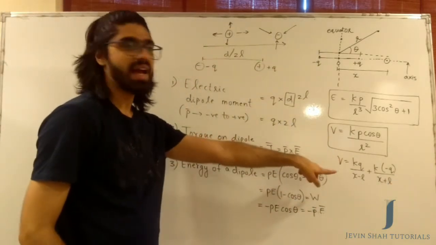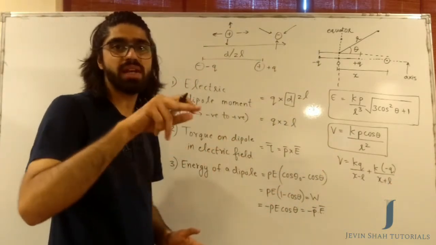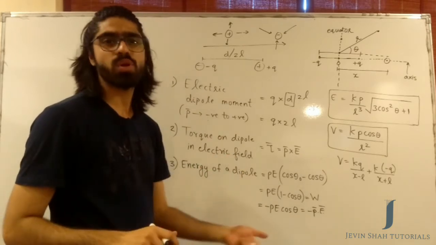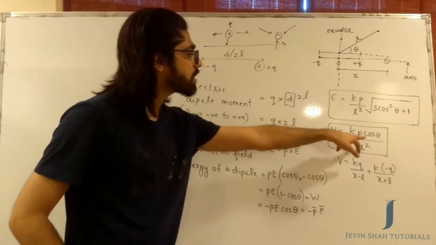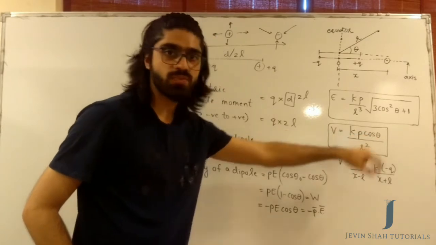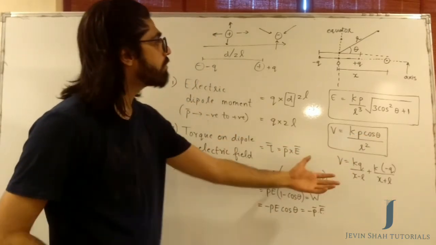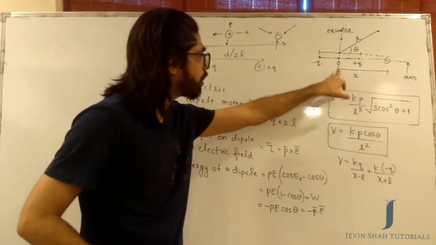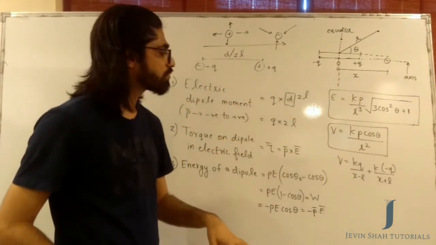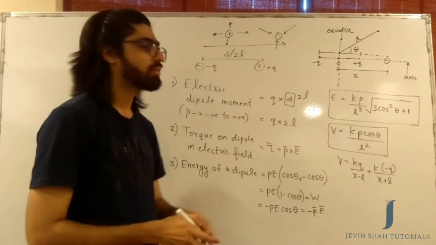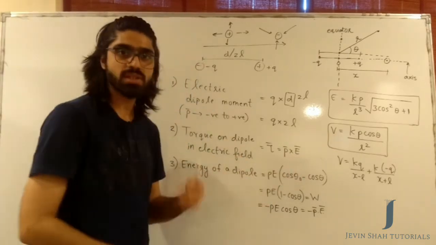Just simplify this and you will get some expression where you can write x square minus l square approximately as x square, and if you just apply theta as 0 in this formula, you will see that the formula becomes Kp by r square or Kp by x square, because the distance from the center is equal to x. Okay, so the formula for potential has also been derived in the same way.